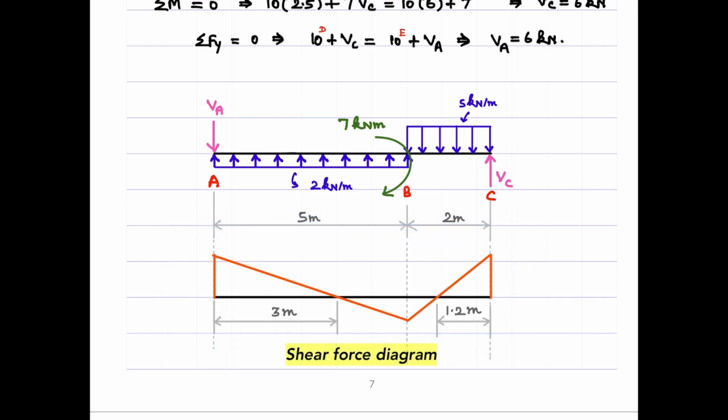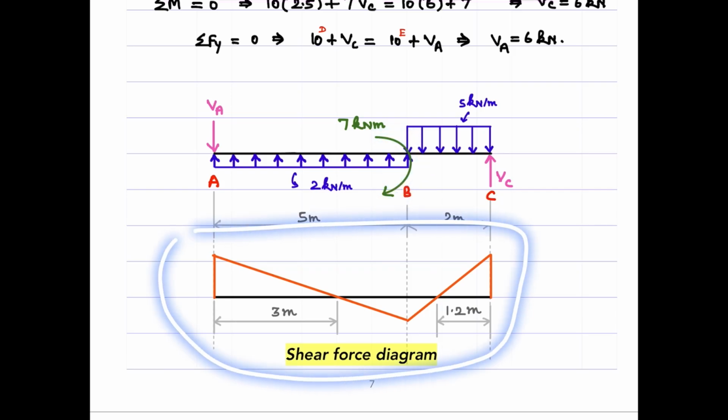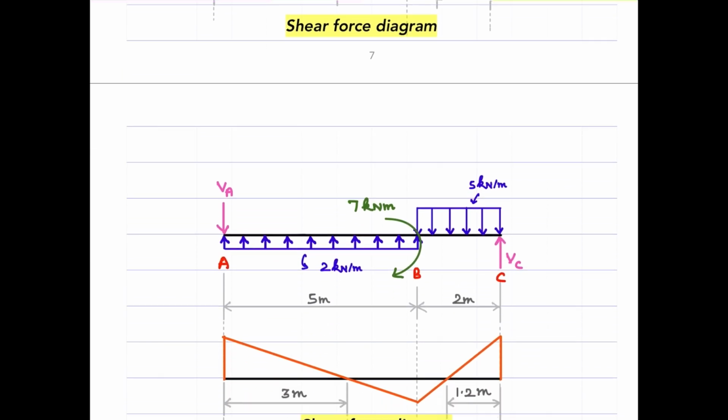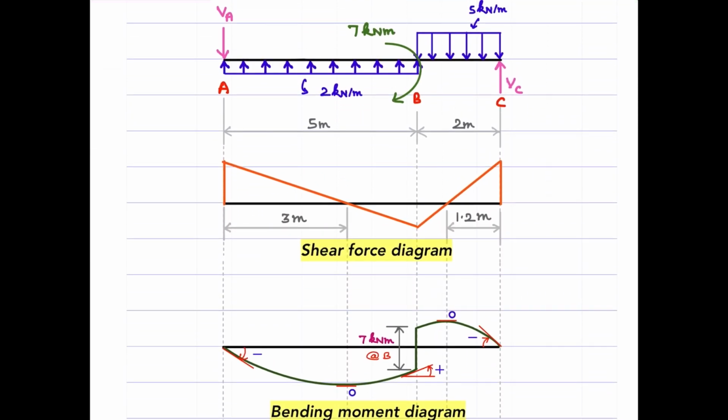Why does it happen? Because the application of concentrated moment at this location doesn't affect the shear force diagram. It has a consequence only in the bending moment diagram. Okay. So the shape of this remains the same, okay, as in the first problem. However, we see that there is going to be a jump in the bending moment diagram at this location.